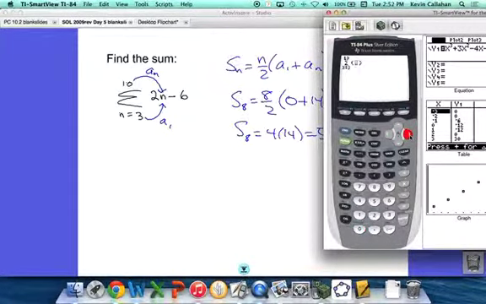So 2x minus 6. And then get out of that. There we go. The sum from 3 to 10 of 2x minus 6, 56. Okay? No, you wouldn't have to. If you're given something in a summation notation form, you can put it in there.